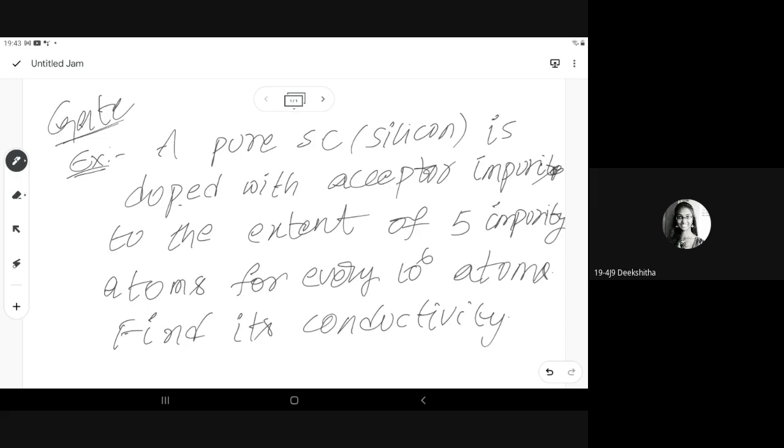Already we told the hint also. Already we have solved a similar problem also. So solve it and tell me how we are going to get the answer.